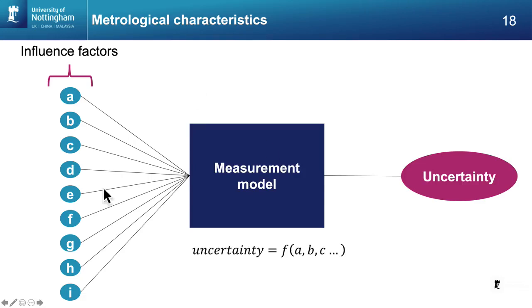So what are these metrological characteristics? Well, this is a typical measurement process. We have the measurement model, and that is affected by a whole bunch of influence factors. And these are very complicated for optical instruments. Even for contact stylus instruments, there can be many. But we have to propagate those through the measurement model, which then allows us to determine the uncertainty.